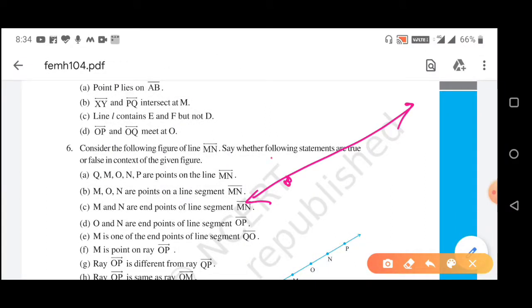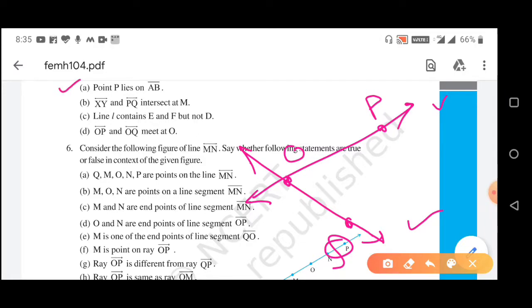Suppose this is O and this is P, and we can draw another line like this. So, here somewhere we have Q. So, the line OP and the line OQ meet at O. Meet at O means the intersecting point is O. Both are lines, remember this one. Only in question number A it was given line segment.